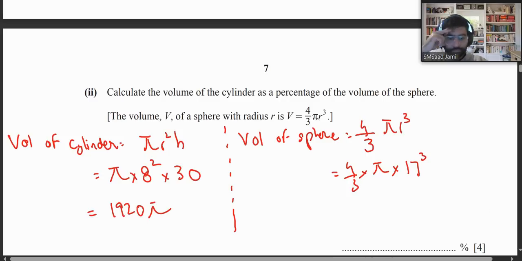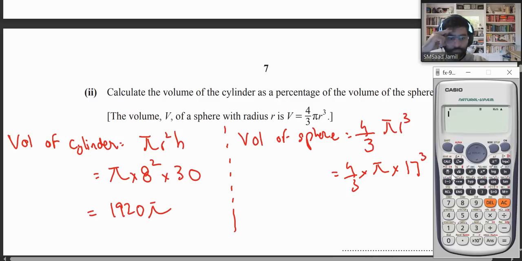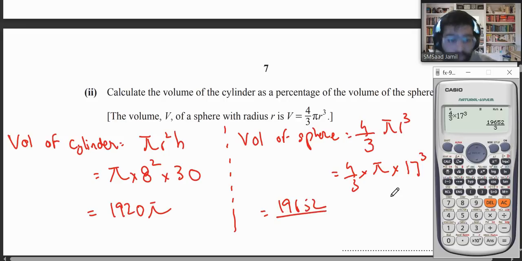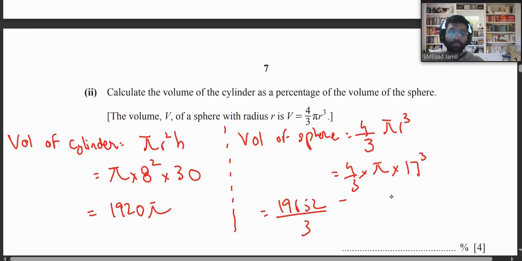So we actually get the volume, so it's 19,652 upon 3, pi upon 3 pi.